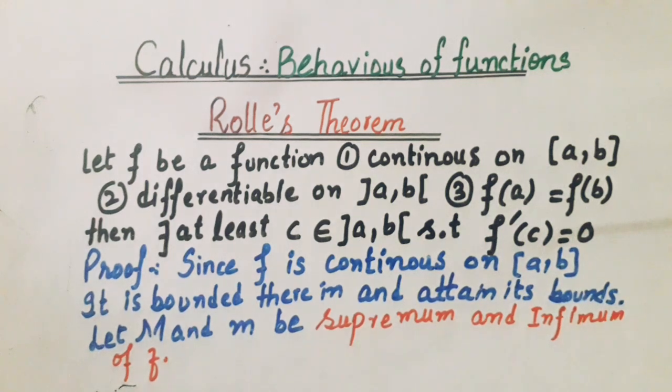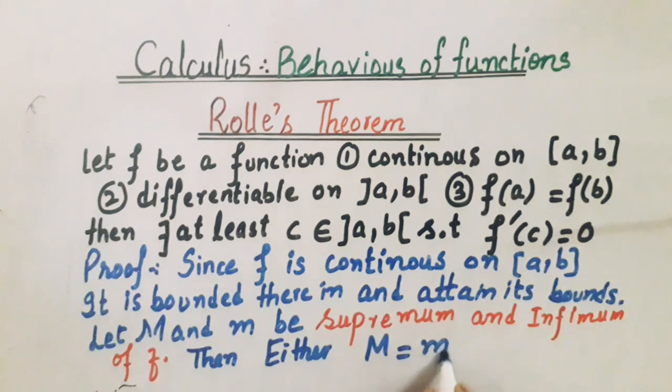Then we have two conditions. One is capital M equals small m, meaning supremum and infimum are equal, and the other one is capital M is not equal to small m.